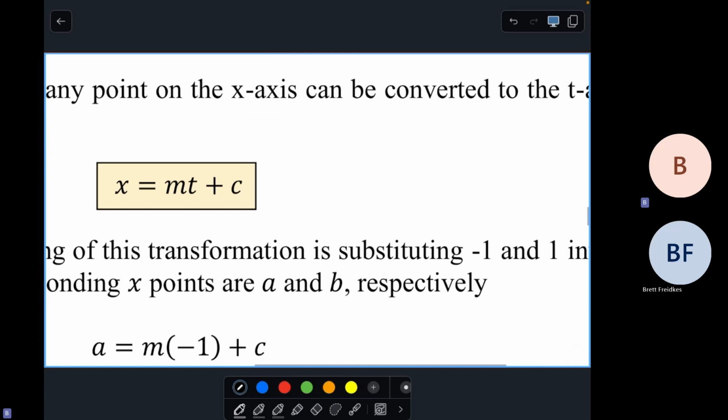Because if you think about what we did, we took our x-axis. This was our 6 to 10. We subtracted 8, the average, to bring it to the symmetric part of the y-axis. And then we divided by m, and that gave us t. The t-axis corresponds with our table, -1 to 1. So if I rearrange this, you end up getting mt plus c.